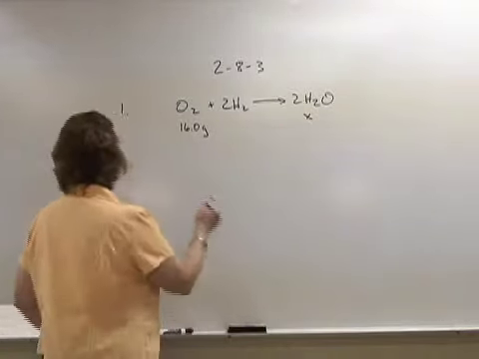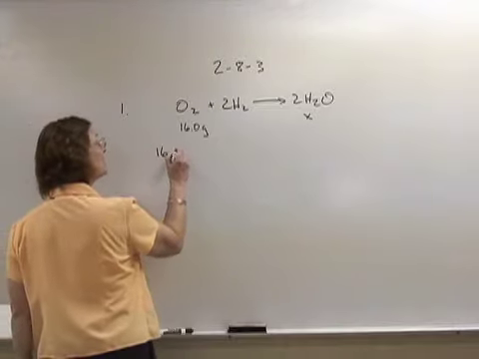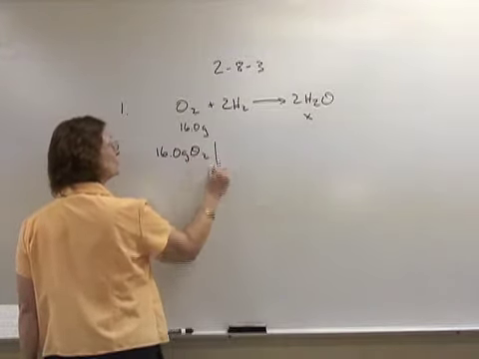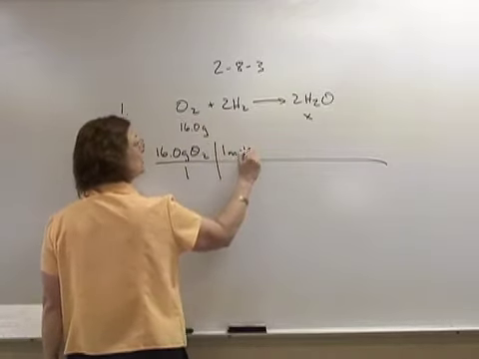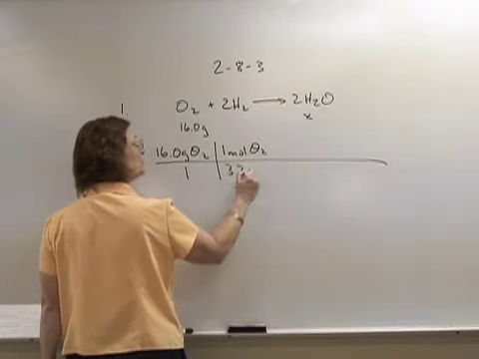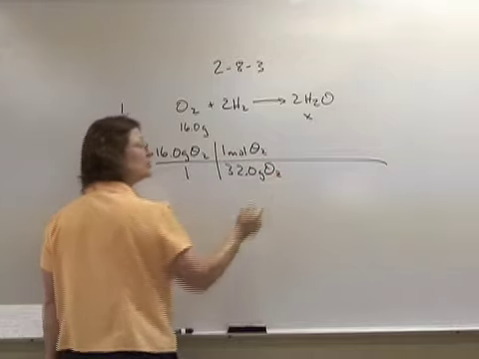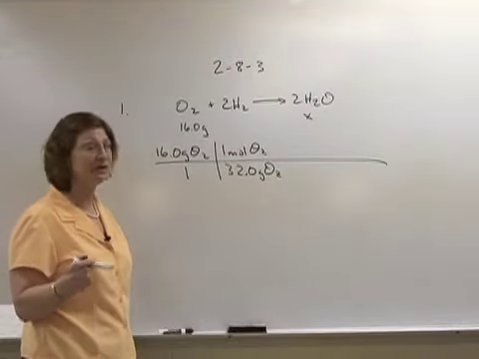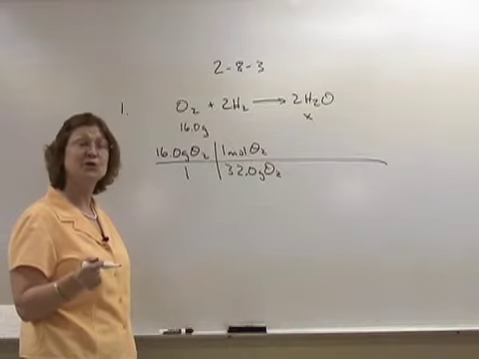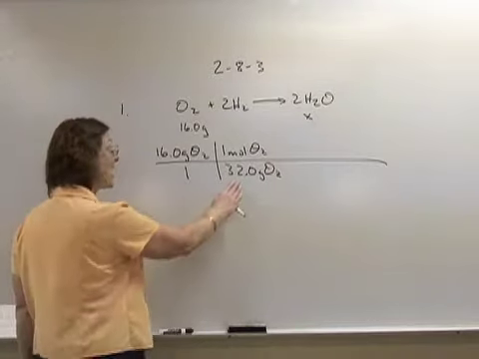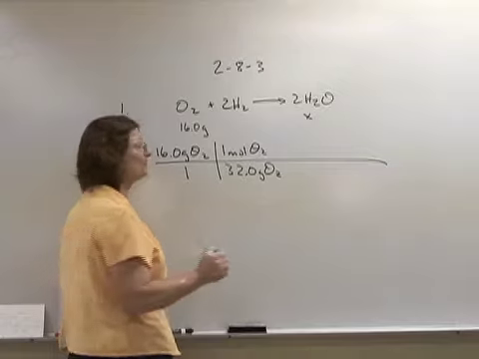I'm given oxygen, so I need to change my 16 grams of oxygen to moles. 1 mole of oxygen has a mass of 32.0 grams of oxygen. It's very important that you remember your diatomic molecules, because the mass must be doubled.